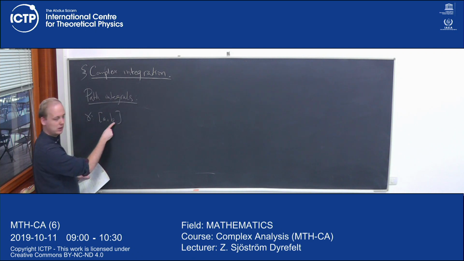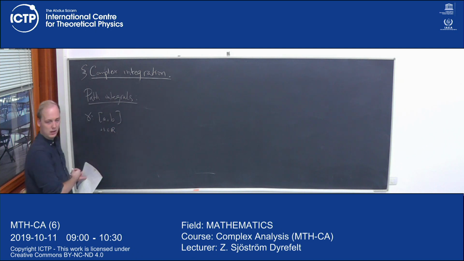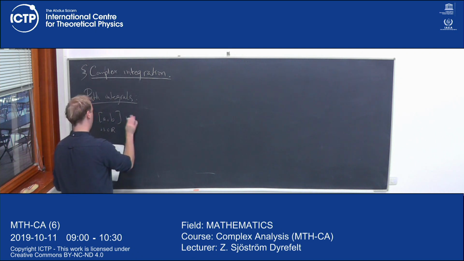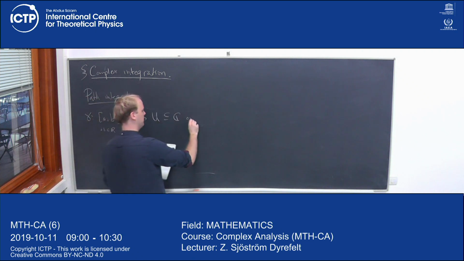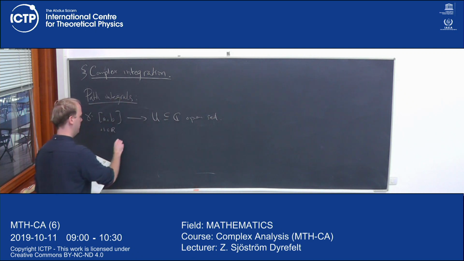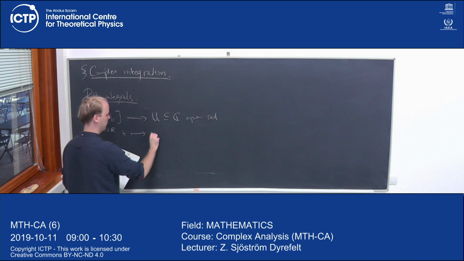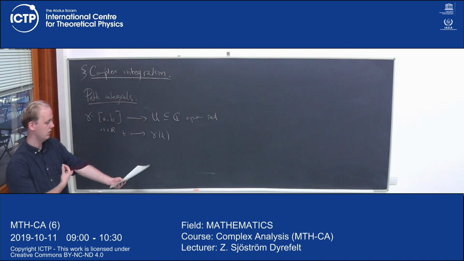These are real numbers, and this is a parameter which you can think of as time. So gamma goes from [a, b] into U, some open set of C, and sends t to gamma of t.